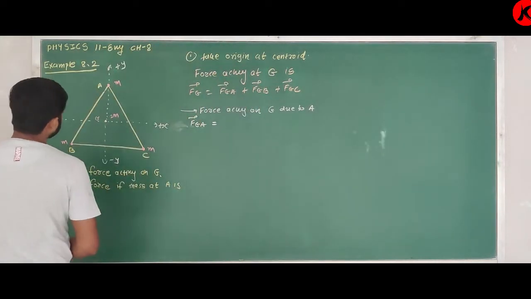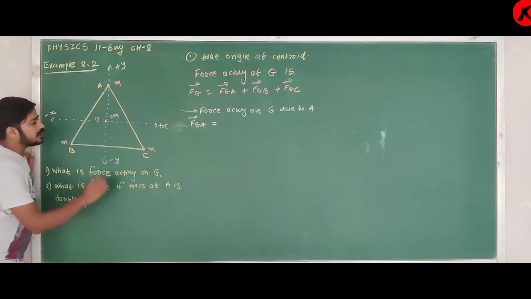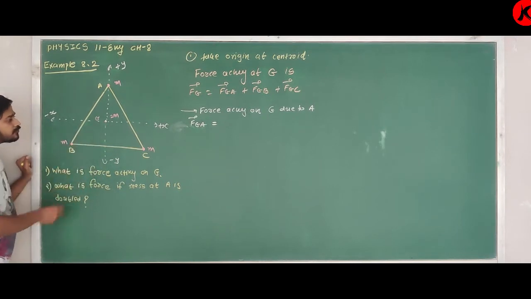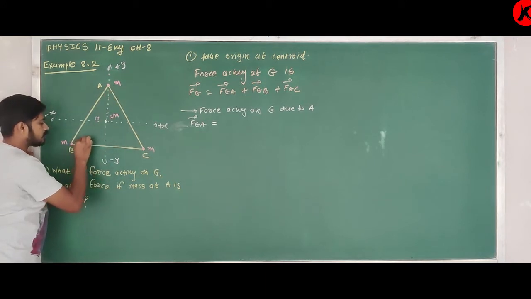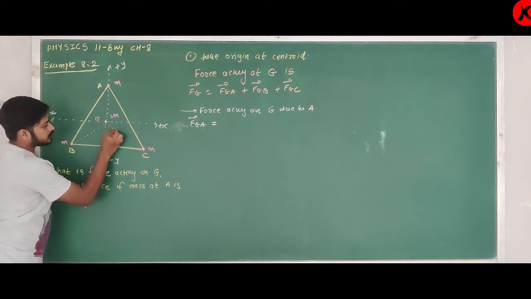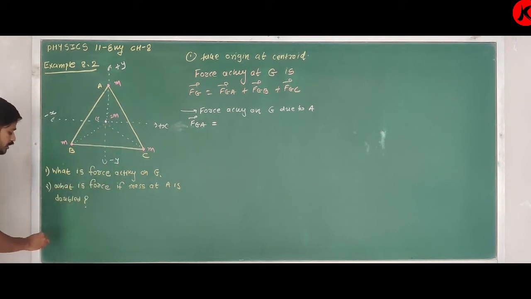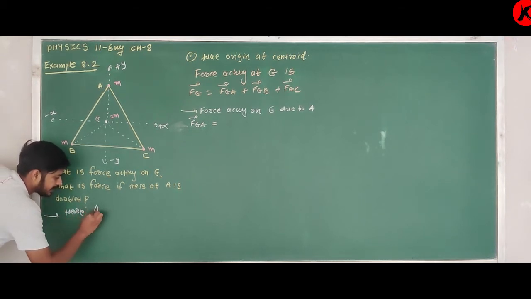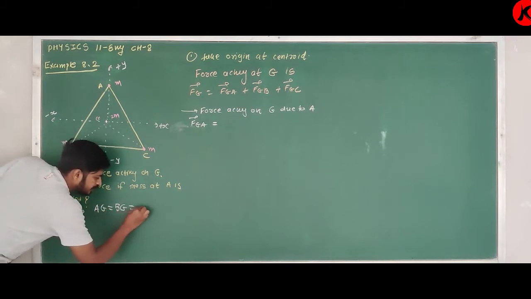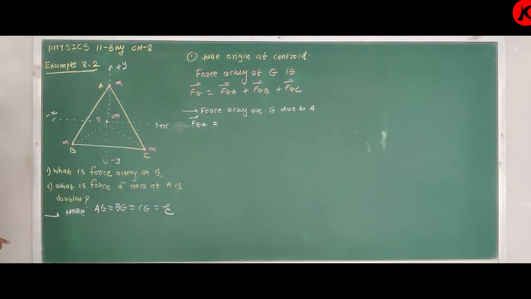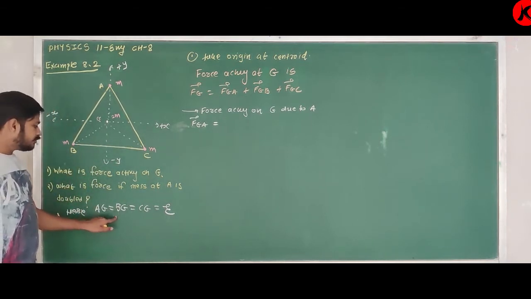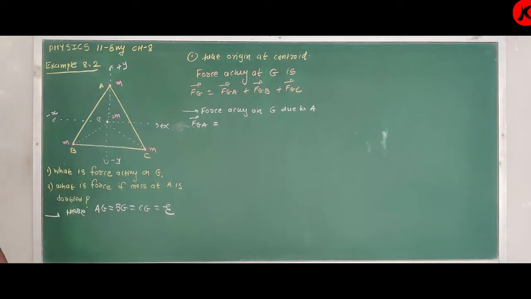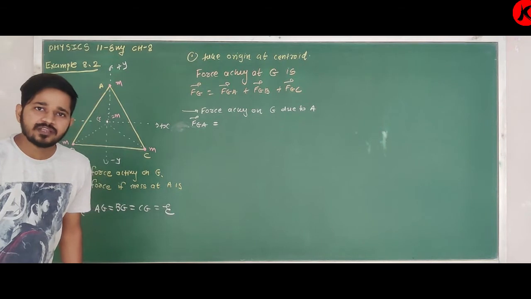One more thing: as it is an equilateral triangle and G is the centroid, the distance of the centroid from A, from B, and from C are equal. So we assume AG is equal to BG is equal to CG is equal to R. Any doubt?